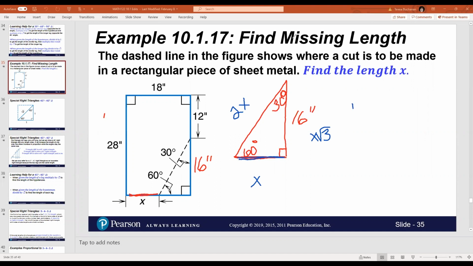If I can find that, the 16 inches is that X square root of 3. You can see this referred to in the slide above that we just moved away from. If I have that longest side length and I divide by square root of 3, I'll be able to name the shorter side length. That shorter side length is 16 divided by a square root of 3.